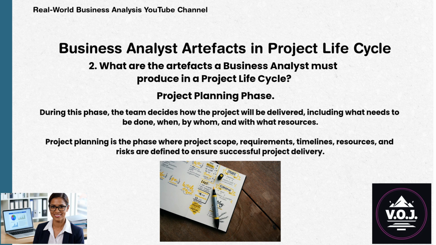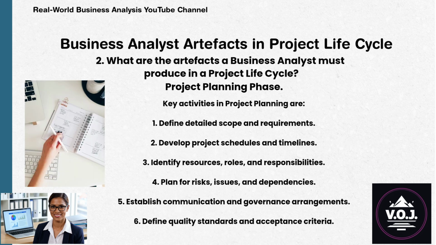Project planning is the phase where project scope, requirements, timelines, resources, and risks are defined to ensure successful project delivery. Key activities in project planning are: 1. Define detailed scope and requirements. 2.